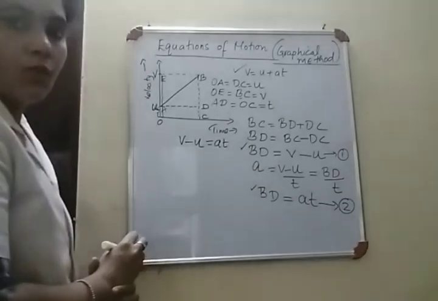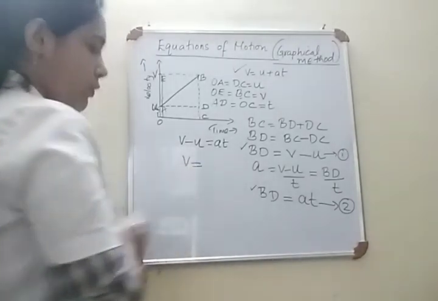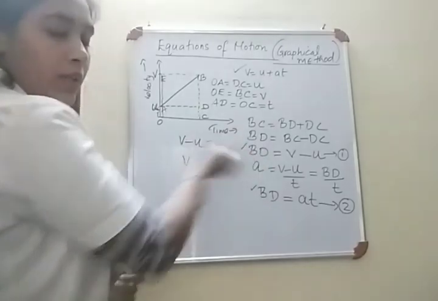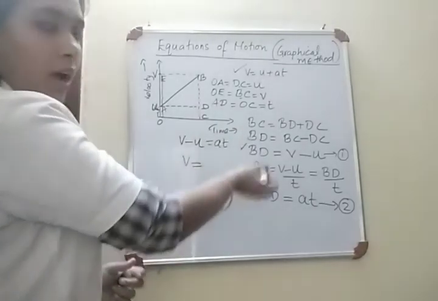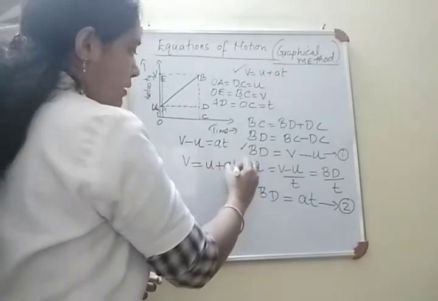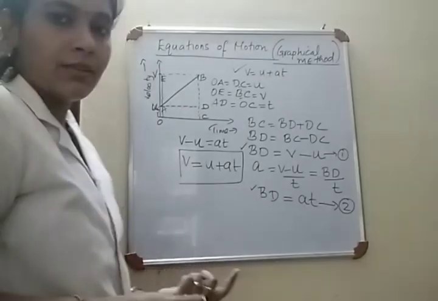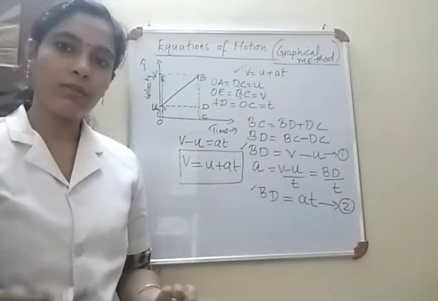So V minus u equal to AT. From this, what is V? Bring this minus u to the RHS side. When minus u comes to the RHS side, it will be plus u. Therefore V equal to u plus AT. Thus we have derived our first equation of motion.